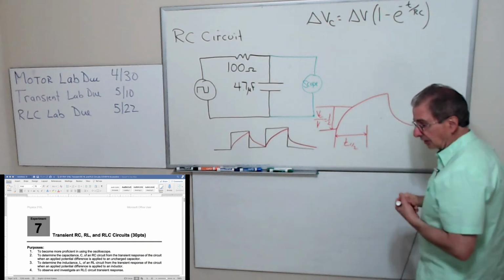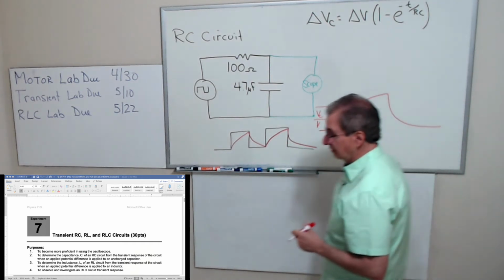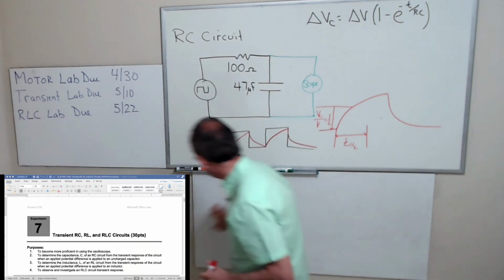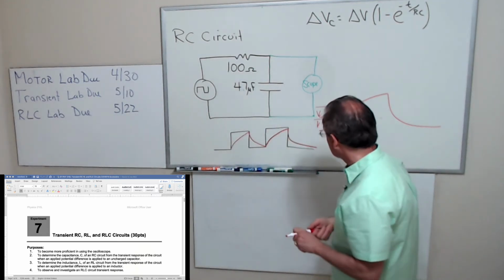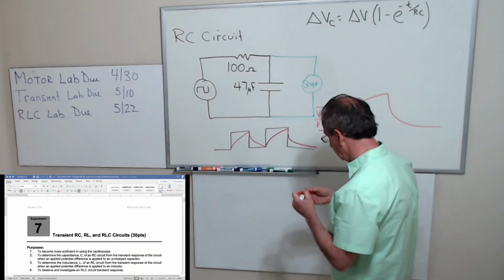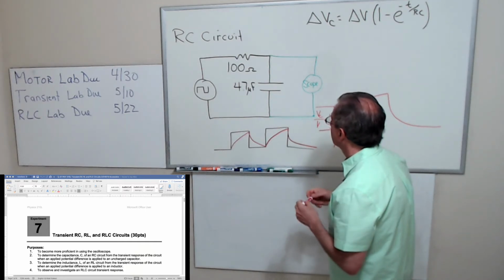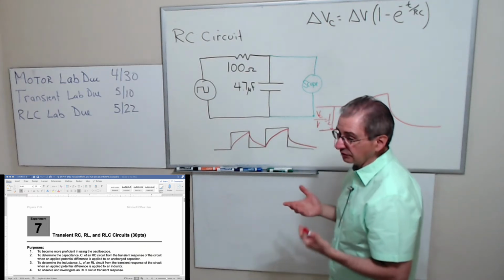So let's do some math. And I guess, Professor, on that circuit with the signal generator, why did we set the voltage to 1 volt? It's just arbitrary. You can choose 2 if you want.